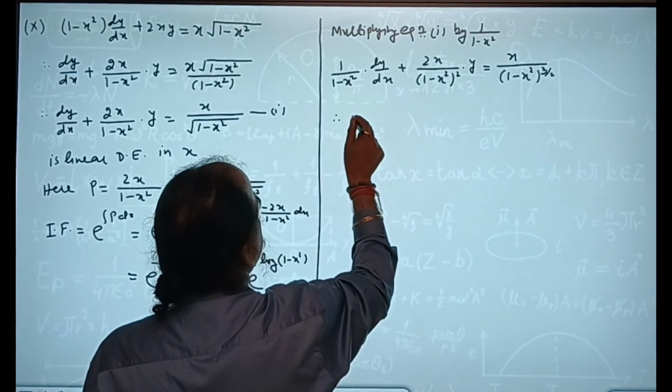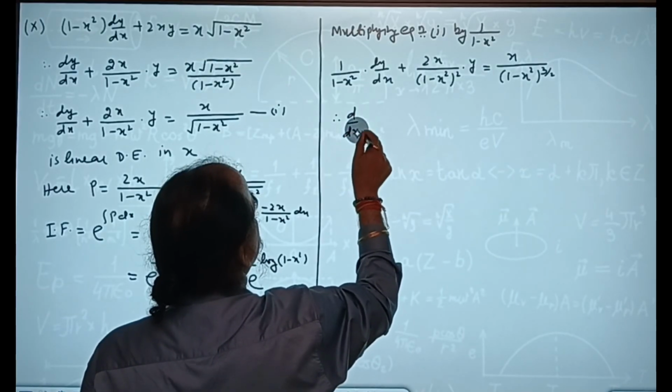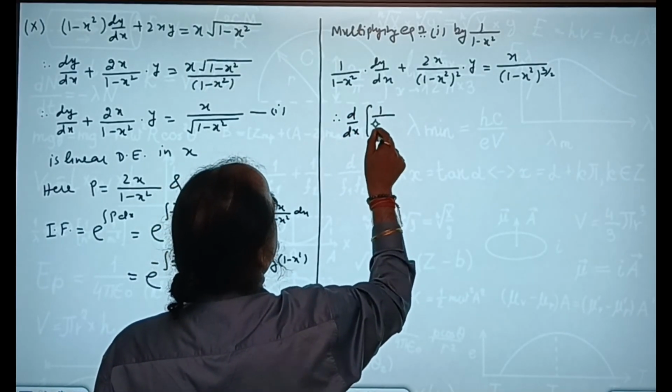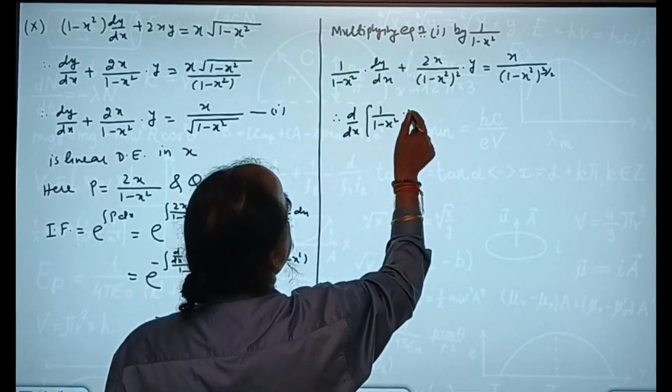Left hand side is what? d by dx of 1 upon 1 minus x square into y.